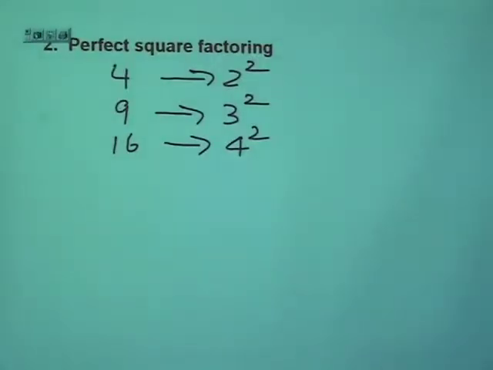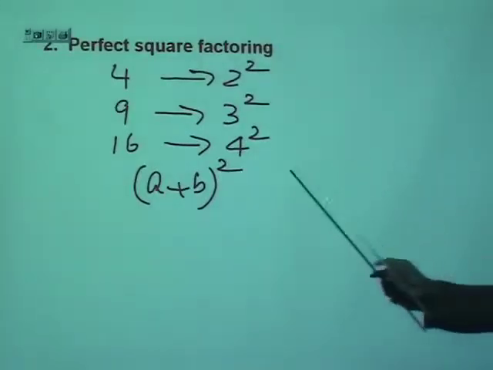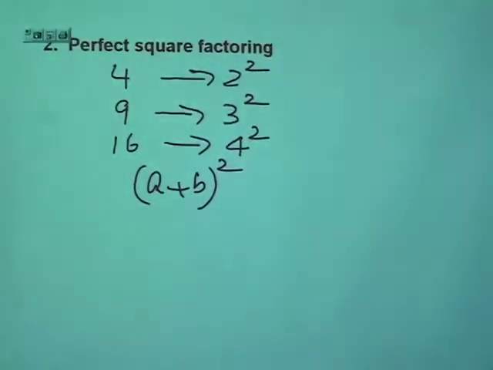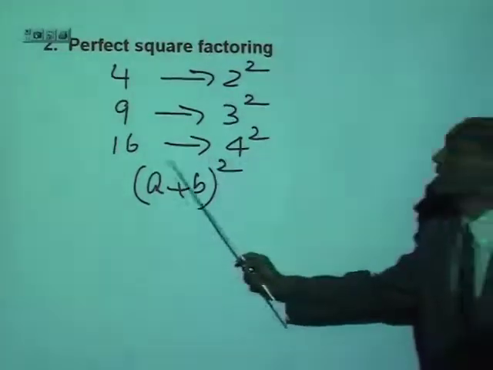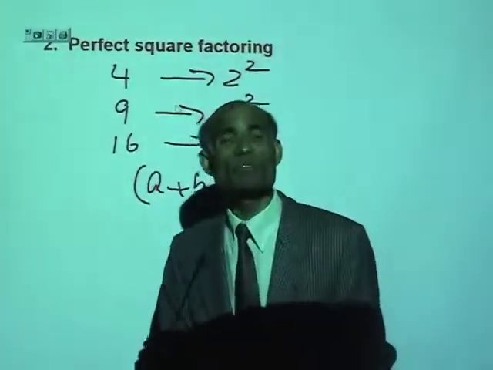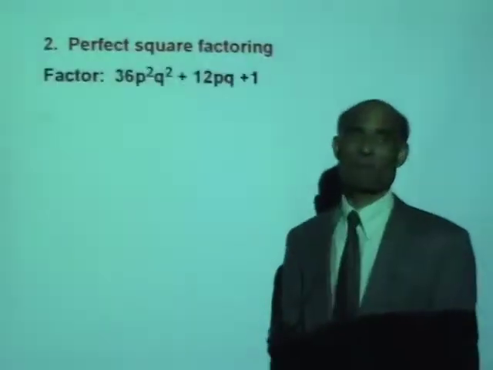Because it is 4 squared. Well, algebraic expression a plus b all squared is a perfect square. So this is a perfect square. And factoring that involves a perfect square, we will be looking at the perfect square factoring.